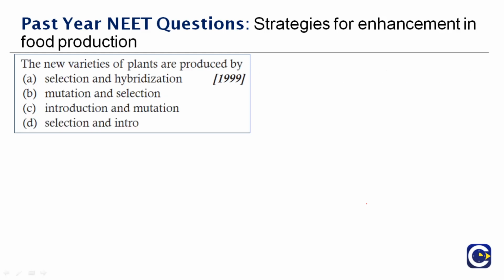Next question. The new varieties of plants are produced by dash. This question was asked in the year 1999. Nowadays if you see, there's a lot of usage of transgenic plants. Now what do you mean by new varieties of plants? How do they go about that?